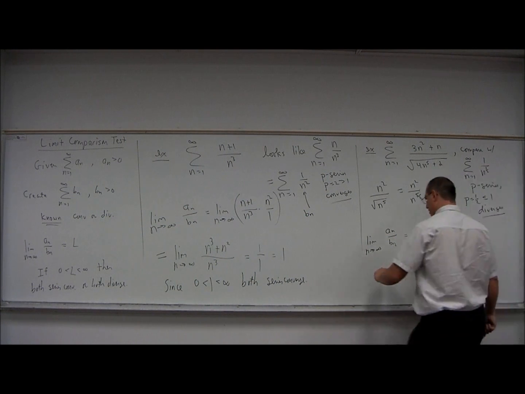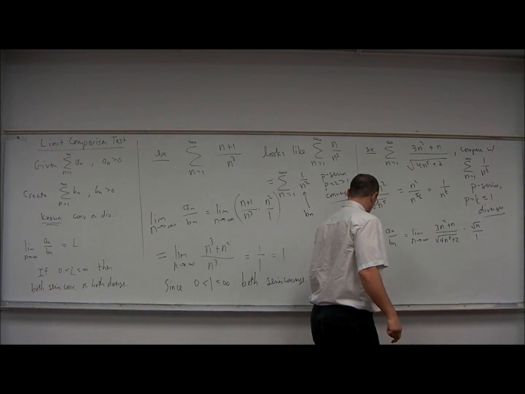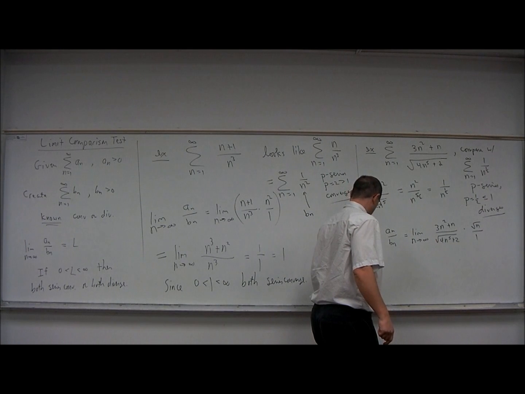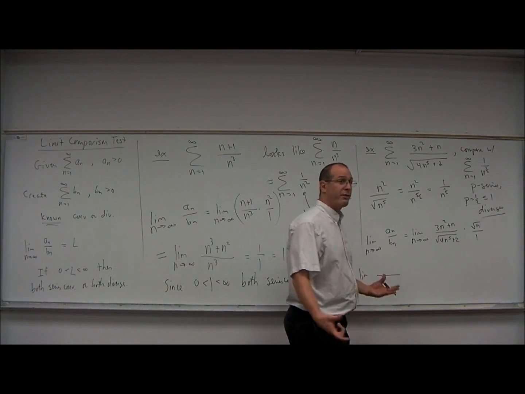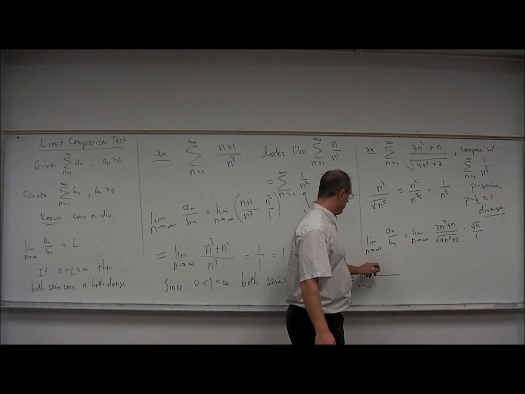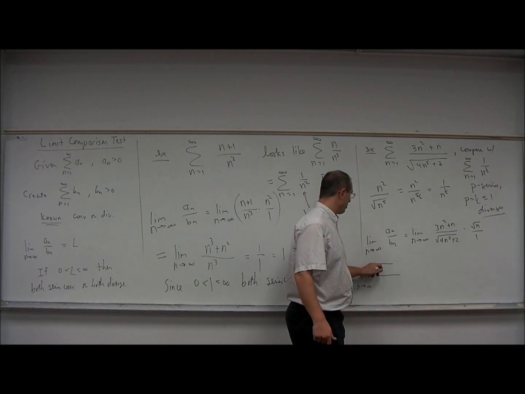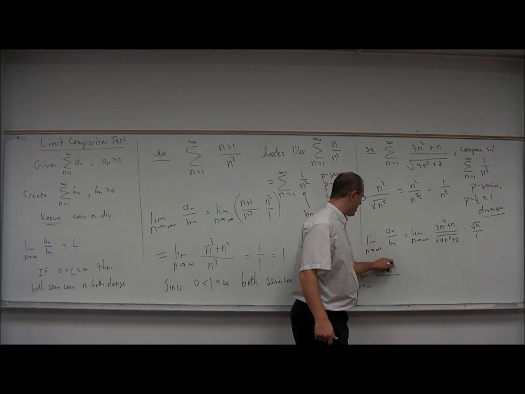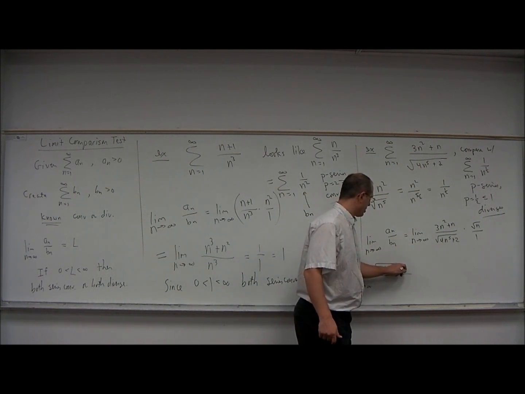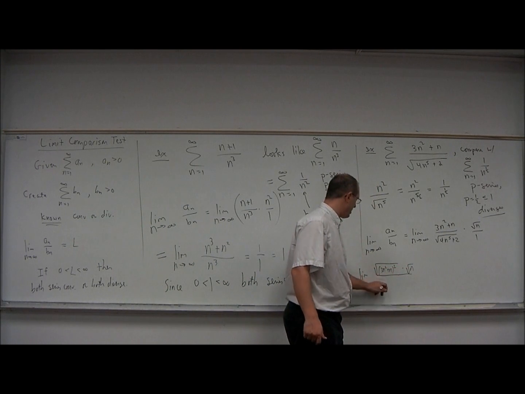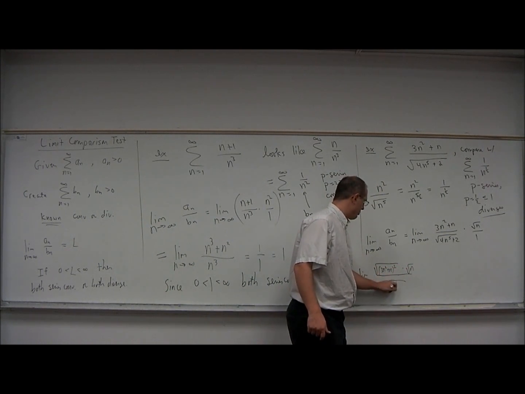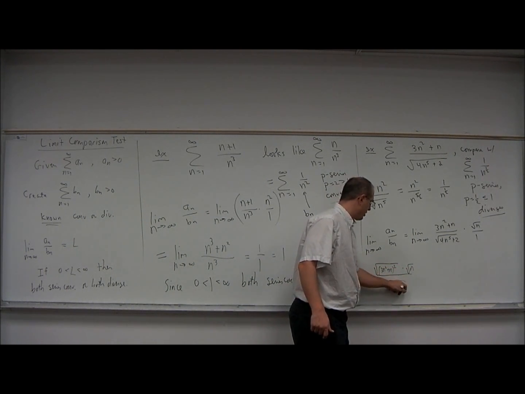So to calculate this limit, I'm going to put everything under a square root. So I'm going to write 3n squared plus n as the square root of 3n squared plus n quantity squared. And then we have times the square root of n and divided by the square root of 4n to the 5th plus 2.